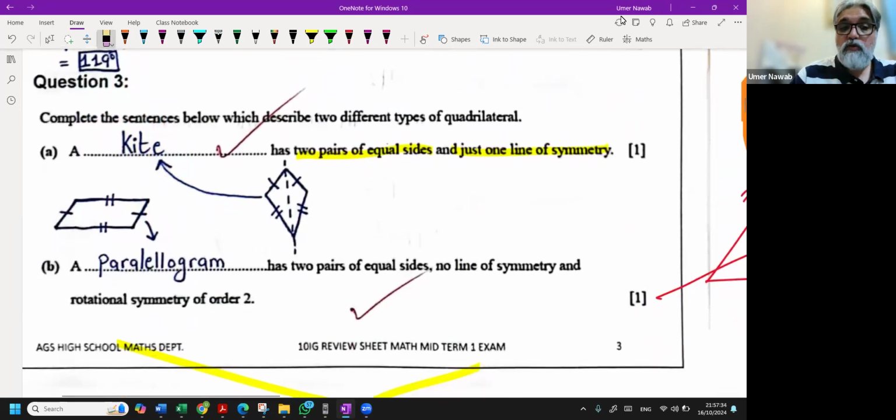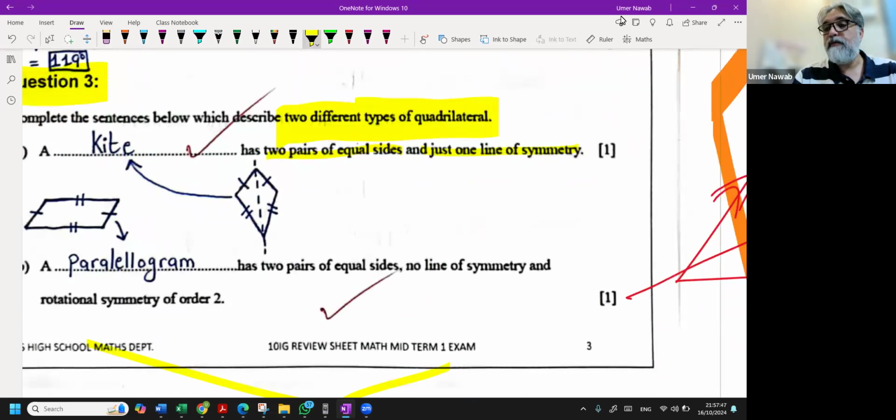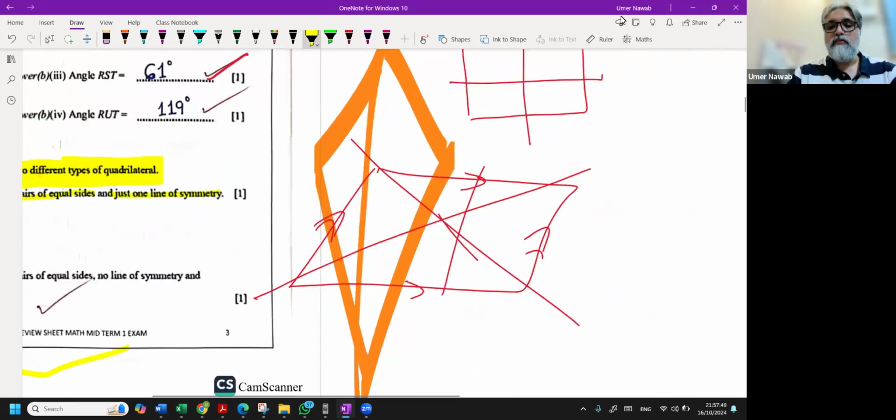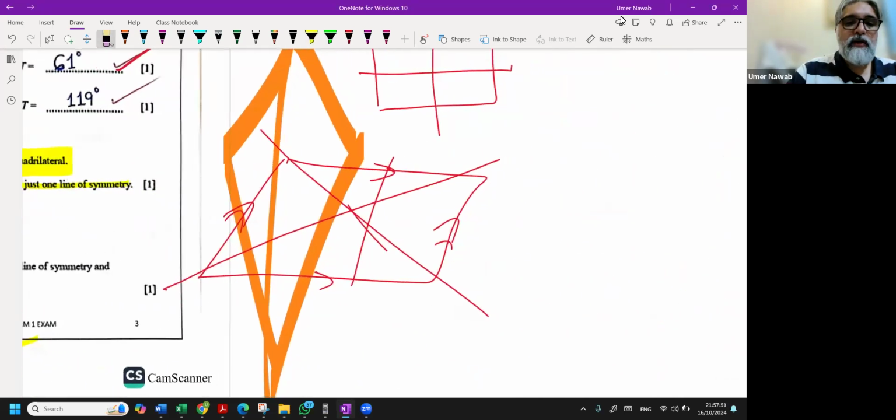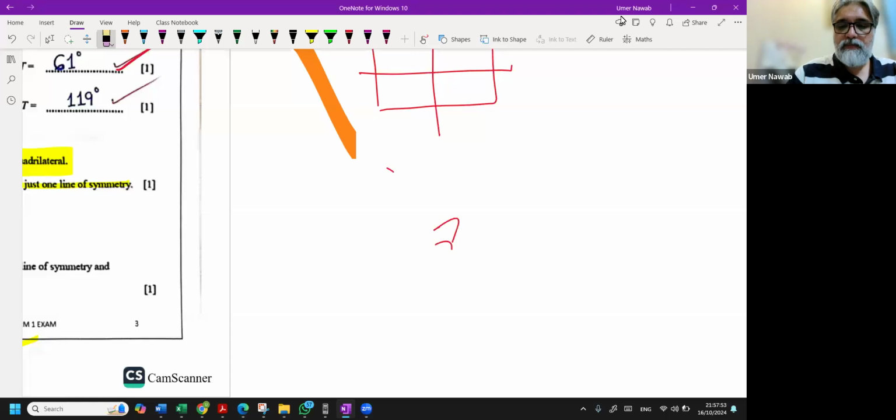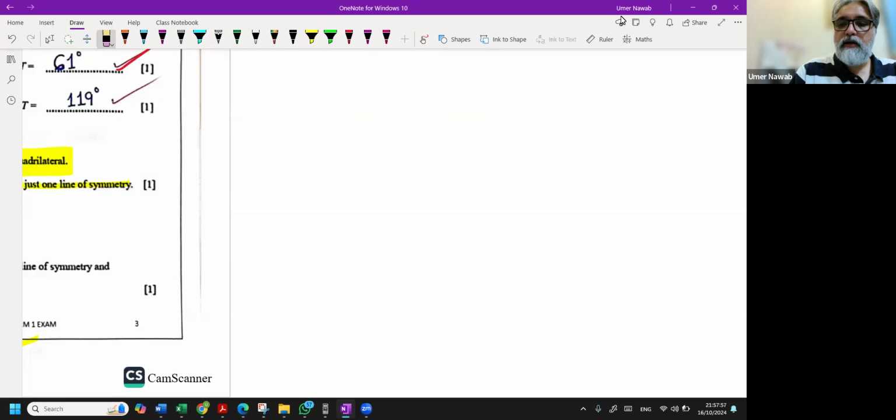Now we move to question number 3, which is related to symmetry. He's asking which type of quadrilateral, because we remember there are many types of quadrilaterals we have studied. Suppose I'm drawing a rectangle, this is a quadrilateral.